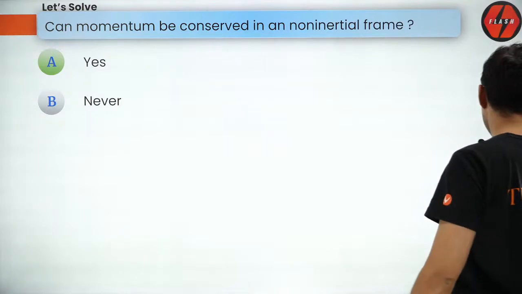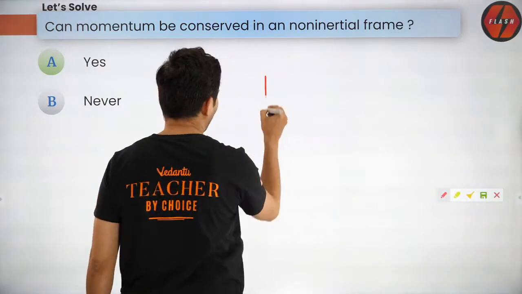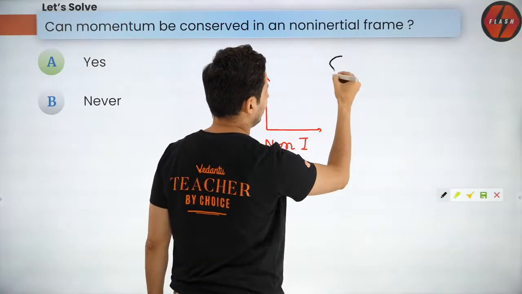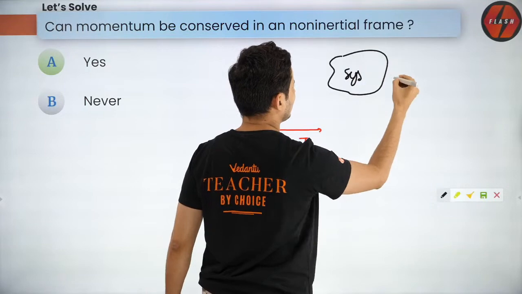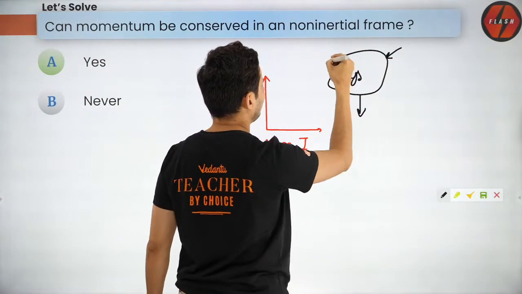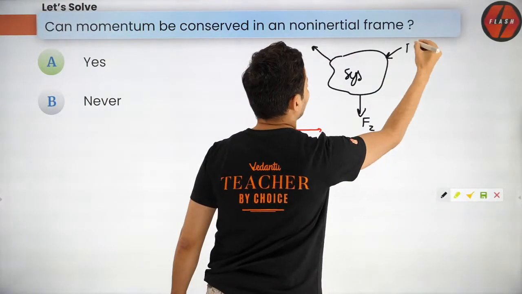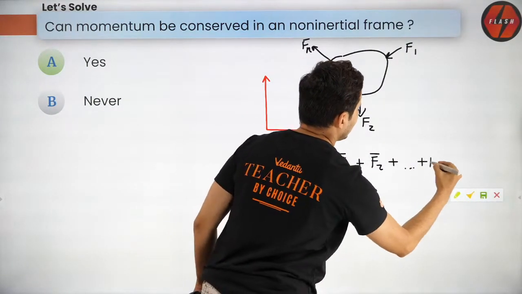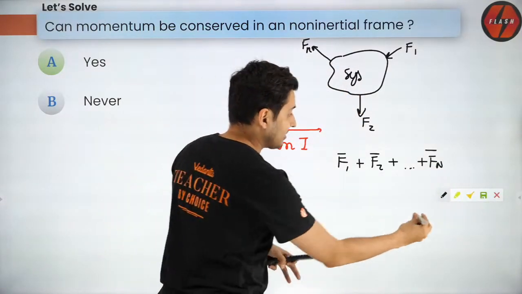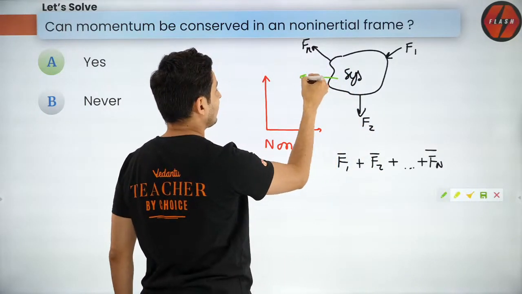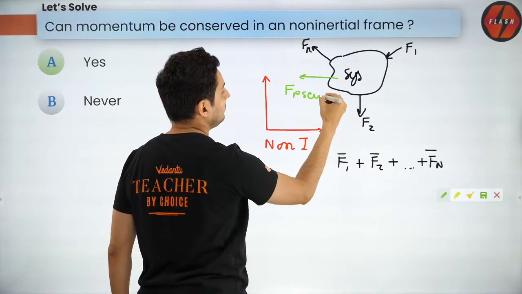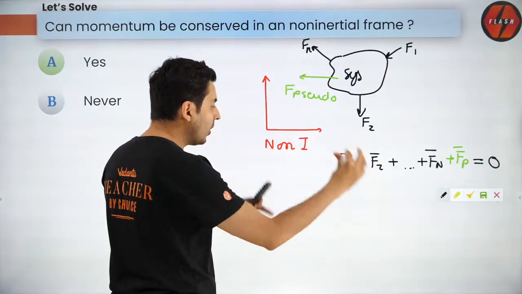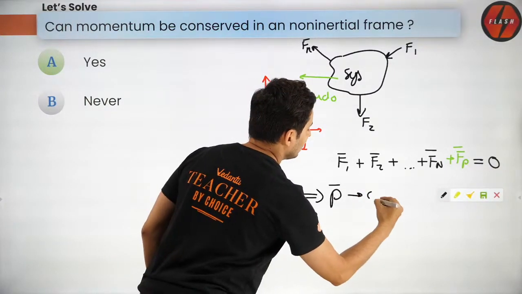Imagine you have a frame which is non-inertial in nature, and you have a system with some forces acting on it, F1, F2, up to Fn. And do not forget one extra force, the pseudo force, Fp. So if F1 plus F2 plus ... Fn, plus the pseudo force Fp, is equal to 0, only then I can say the momentum is conserved.